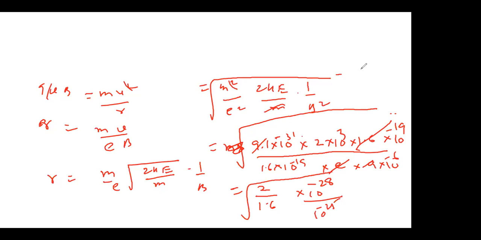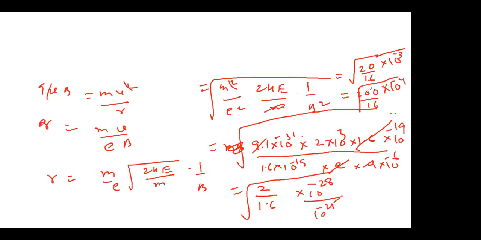This is root of 20 upon 16 into 10 raised to minus 3. Minus 28 goes up, minus 3. Minus 6, minus 19, minus 25, minus 31 and 8, minus 28 and another 10 raised to minus 3. So this will become 10 raised to minus 3, 200 upon 16 into 10 raised to minus 4.